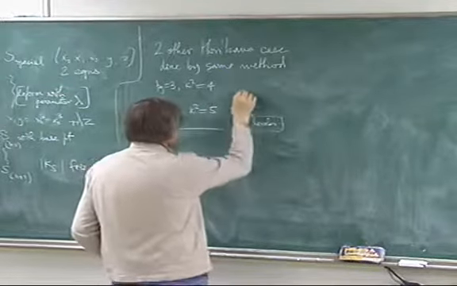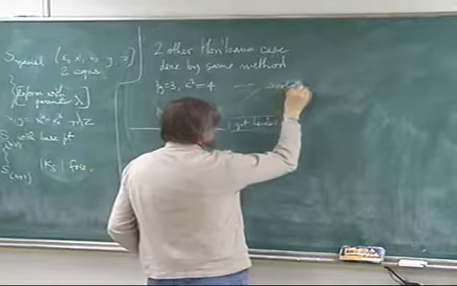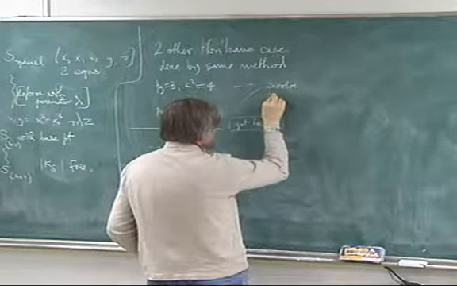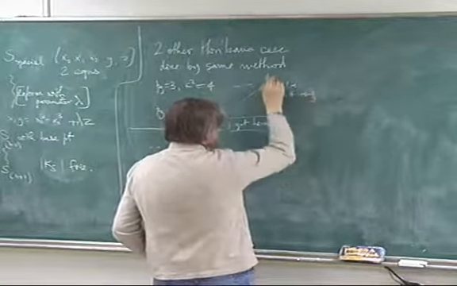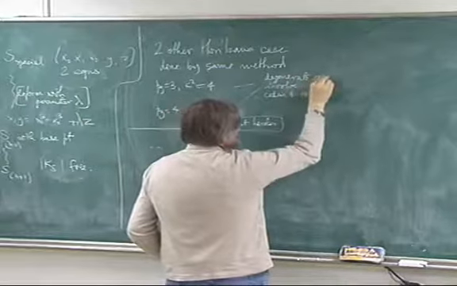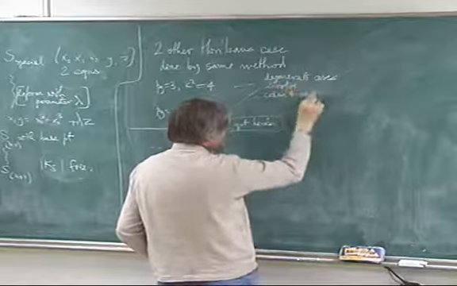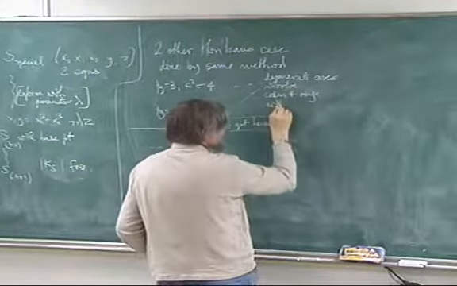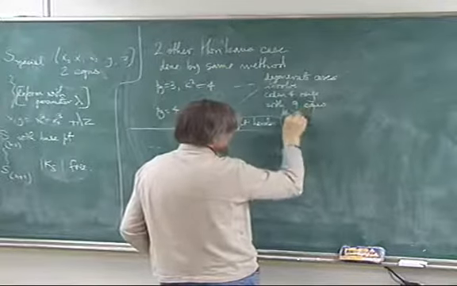So in particular, these involve codimension 4 rings, the degenerate cases. Or the other cases involve codimension 4 rings with 9 equations and 16 syzygies.